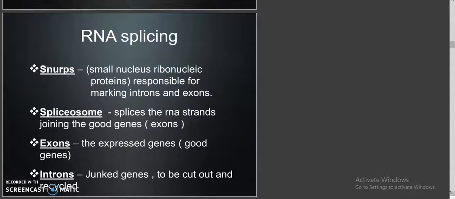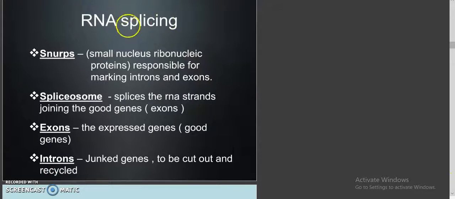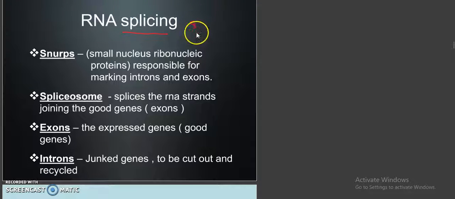So how are RNAs being cut? We have what we call the snRNPs, the small nuclear ribonucleic proteins, responsible for marking introns and exons. They are the ones who will choose which gene will be recycled or which gene will be connected to be expressed.